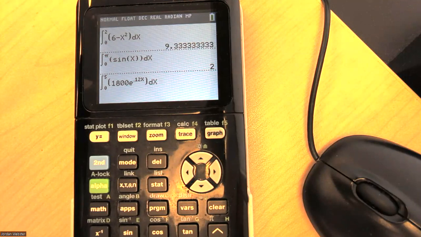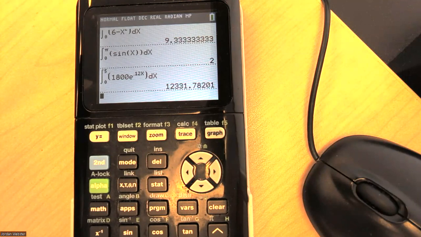But make sure it is 0.12 and not 12. And we get some fairly large number, 12,331.78. Again, most of the answers in this section, they'll just ask you to round it a couple of decimal places.